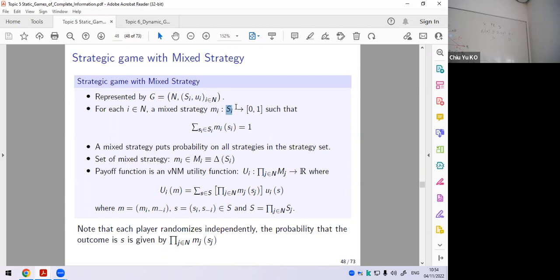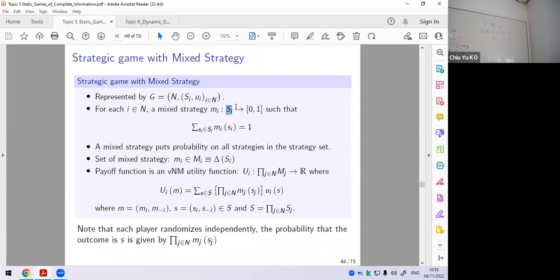So you put probability over all the strategies, okay? And you can easily see that if the strategy set is discrete, that is easy to describe, because of the probability mass. If this is continuous, things become very complicated. So we focus on the finite game.